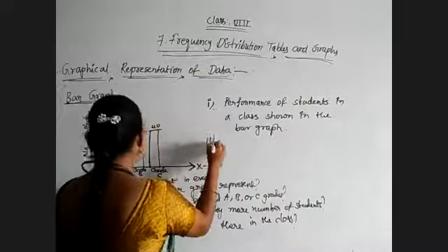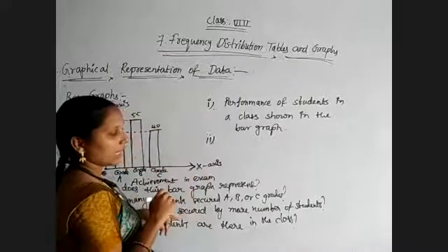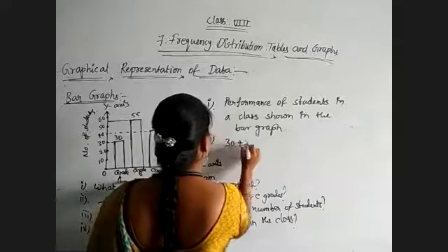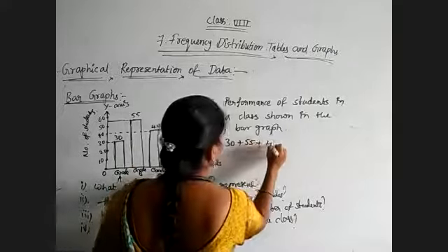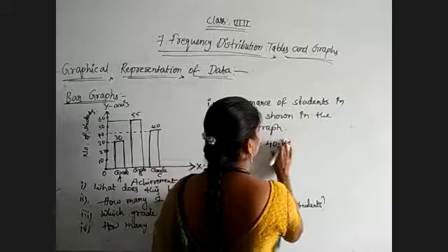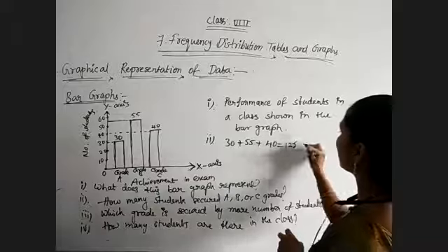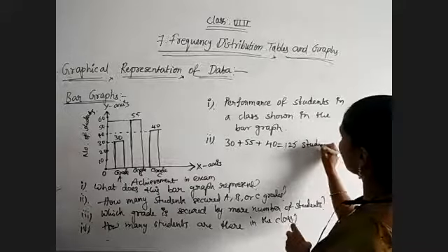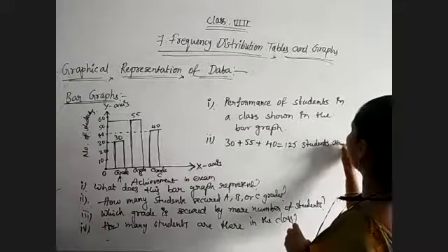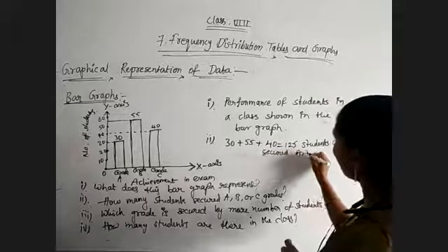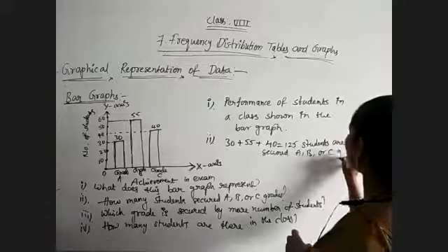Secondly, how many students secured A, B or C grades? A grade 30 people, B grade 55 people, C grade 40 people, equal to a total of 125 students secured A, B or C grades.